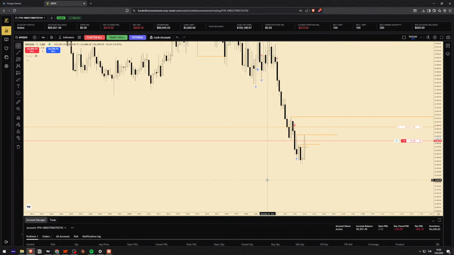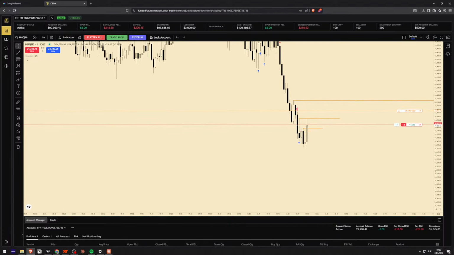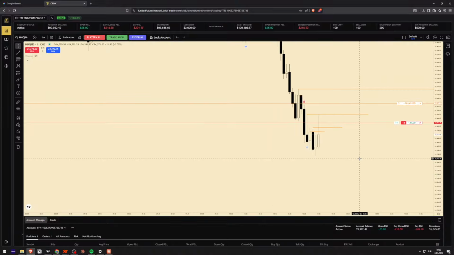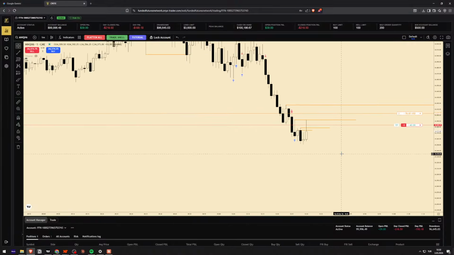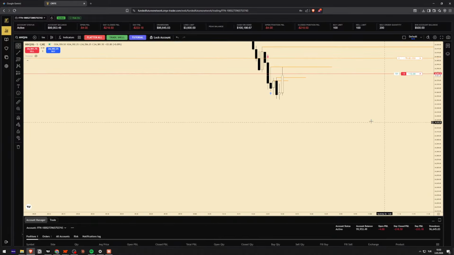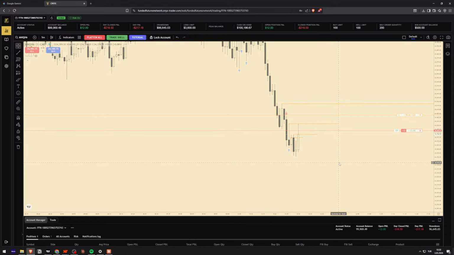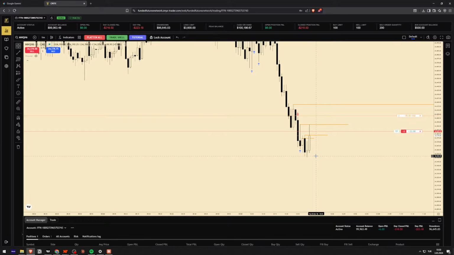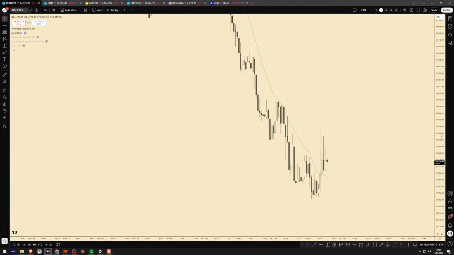But it could still take out my stop loss. Still looking a little suspicious. Maybe I could have taken another partial around this level, but that's fine. It would be lovely to see price making another low here. It can keep expanding lower if it does. Otherwise, it might take the stop loss.